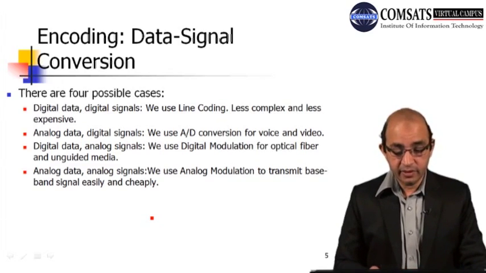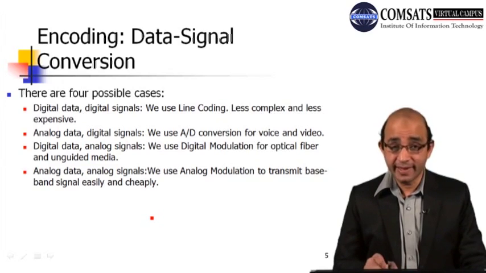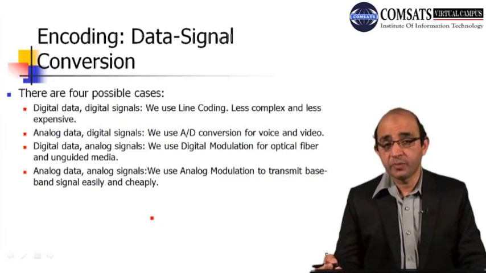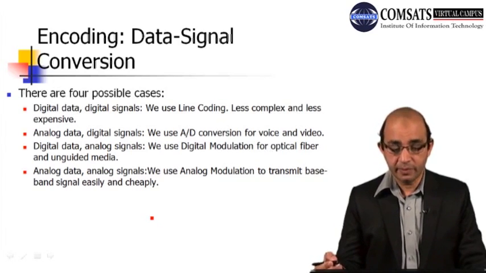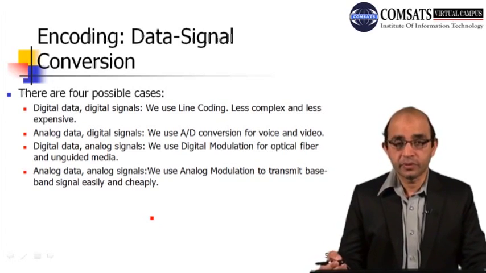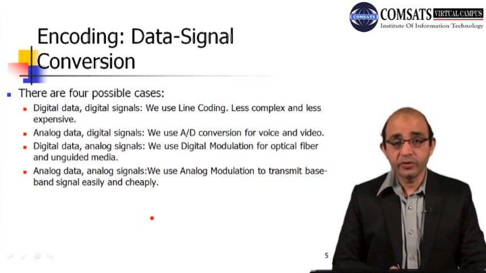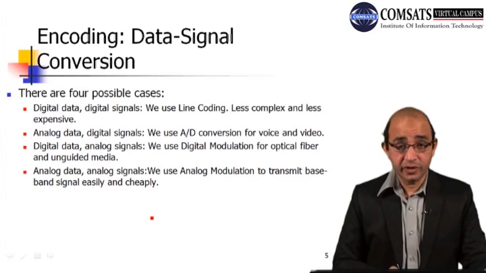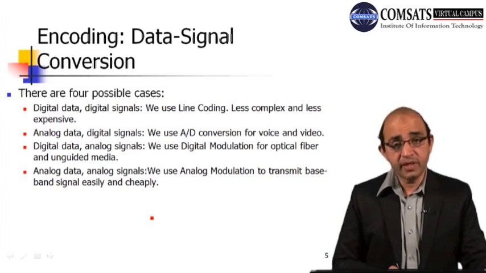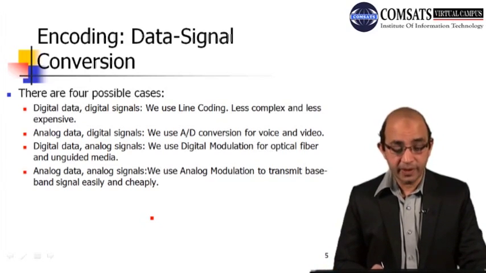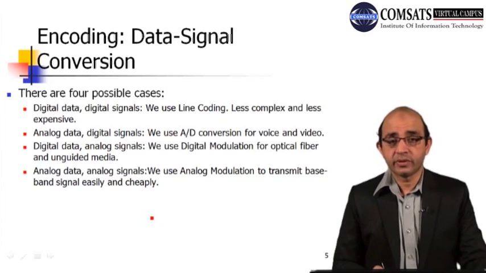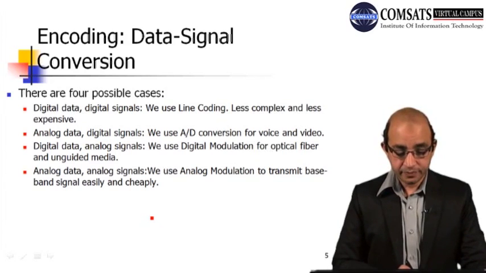Digital data, digital signal, and we have to use line encoding. It's less complex because if I'm going to transmit data from my computer to some other computer, we know that the devices are very cheap and the media is very cheap, and as a result we have less complexity and the cost is on the lower side.